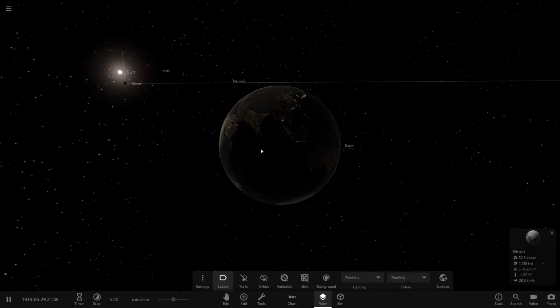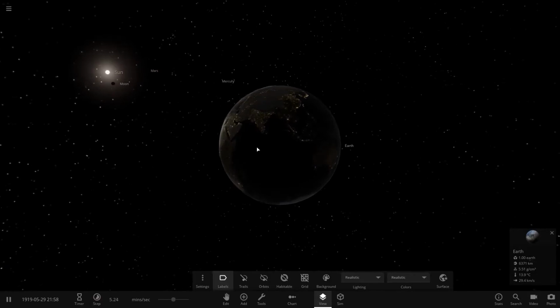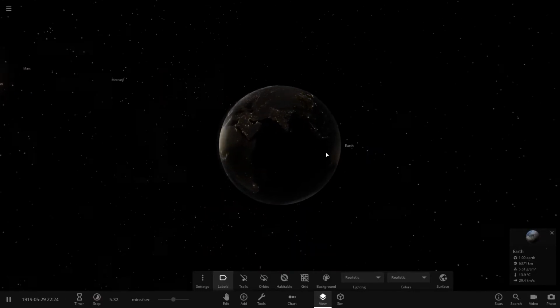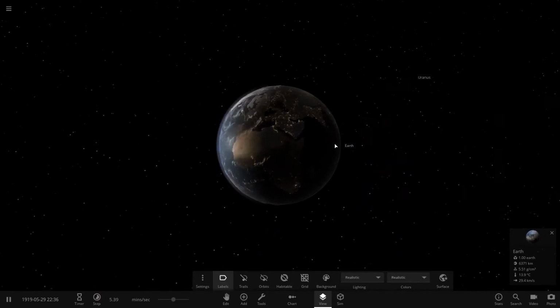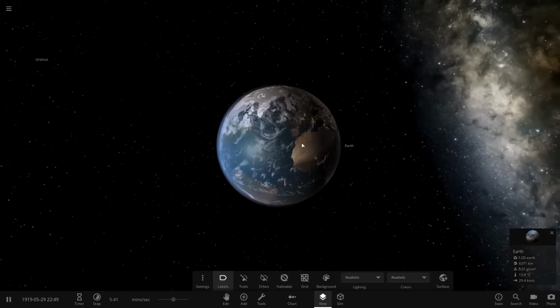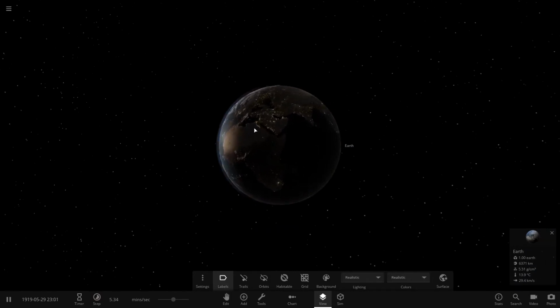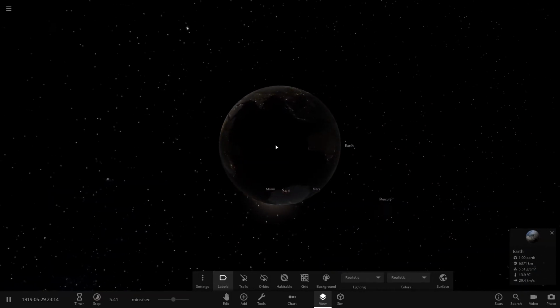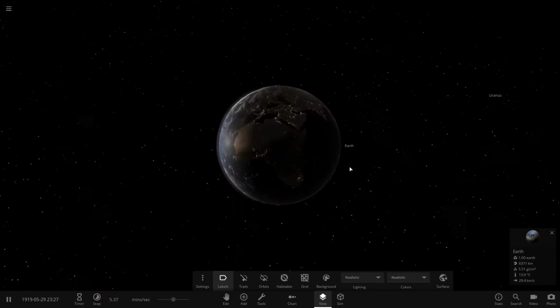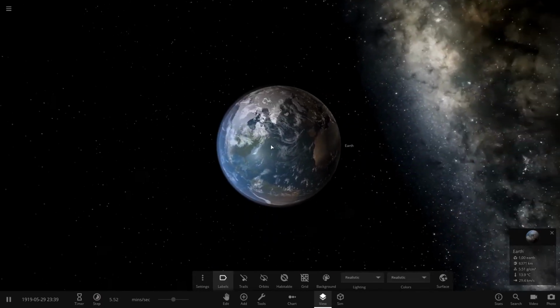The thing is that the sun is throwing light on half of the earth. So on half of the earth it is dark, as you can see, and on another half of the earth it's the day.